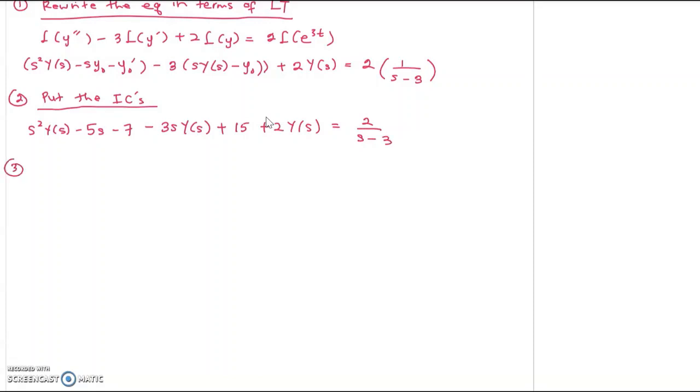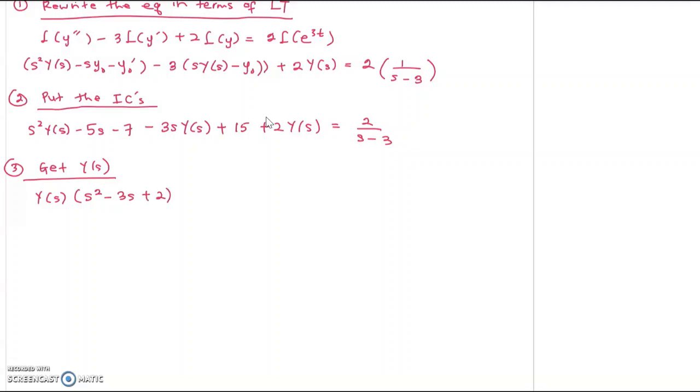Step number 3, get Ys, or in other words, make Ys the main subject. So we factor out the Ys. Then in the bracket, we have the coefficient of Ys, which is s squared, then minus 3s, and lastly plus 2.